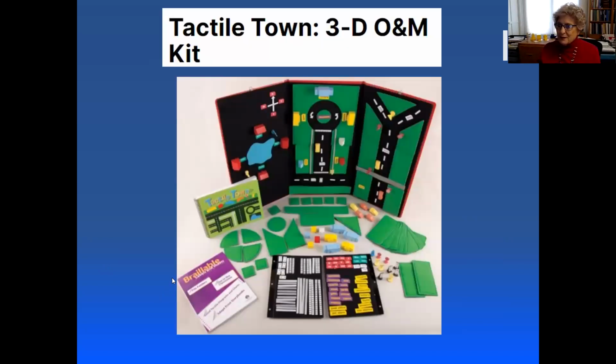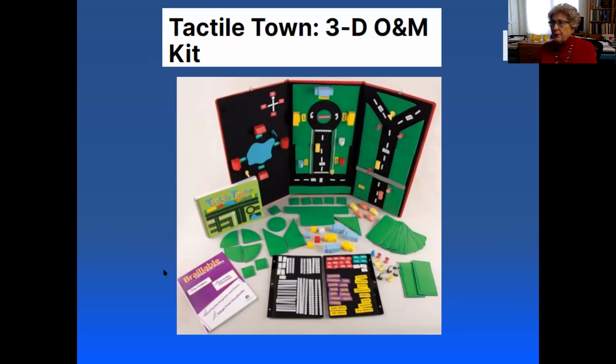Another way to do that is this Tactile Town, which is fairly new, and it's a 3D O&M kit. What it does is give you a bird's eye view, and you want to make sure your students understand what that means, of a town, which you can create.